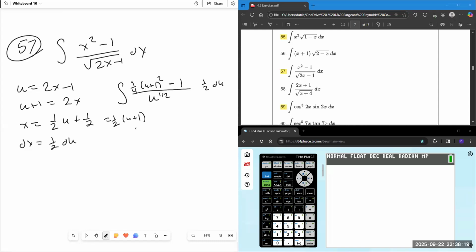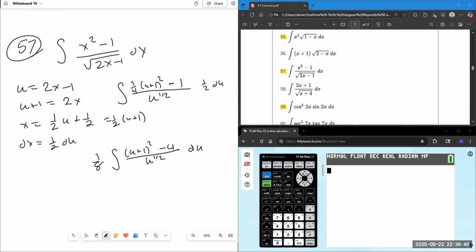And I will take the 1/4 out of this and the 1/2 out and make it 1/8 u plus 1 squared minus 4 over u to the 1/2 du.